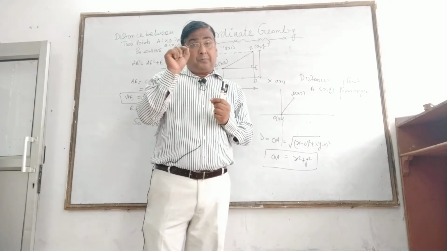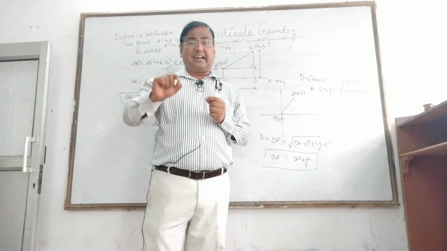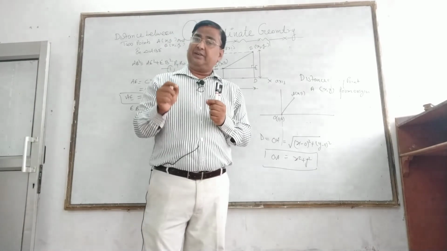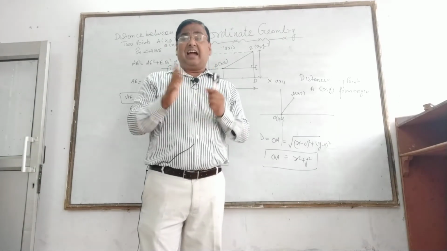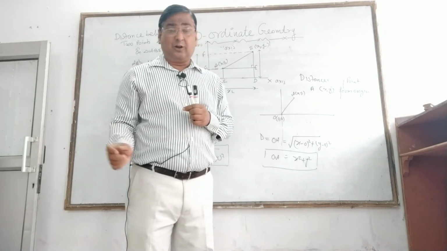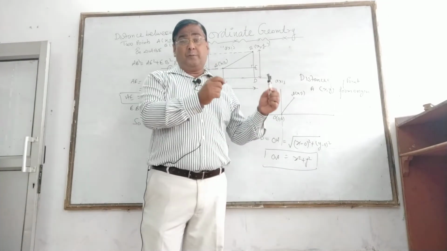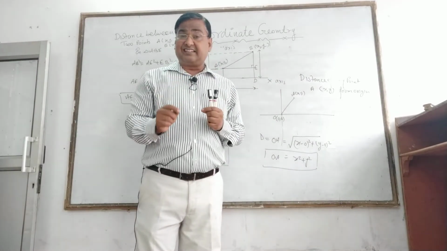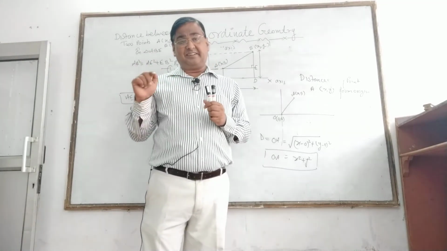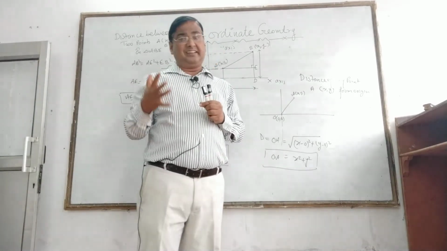To locate a point, we use the first coordinate, that is the abscissa, the point on the x-axis, and the second coordinate is the ordinate, the point on the y-axis. On the x-axis y is 0, so the point is (x, 0), and on the y-axis x is 0, so the point is (0, y), because we write first the x coordinate, known as the abscissa, and the second one is the y coordinate.